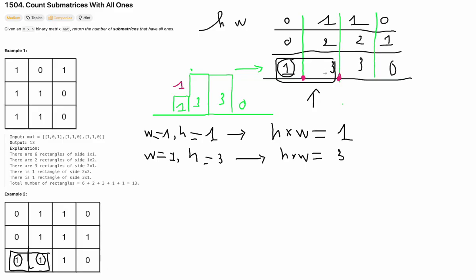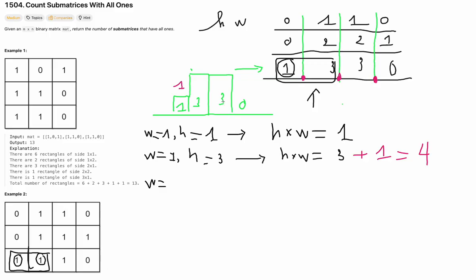It means that at the current index we can add it together and combine with the previous one to form another rectangle. So this one is 4, right? Okay, so next we move our corner to the next one, and in here we have another case.